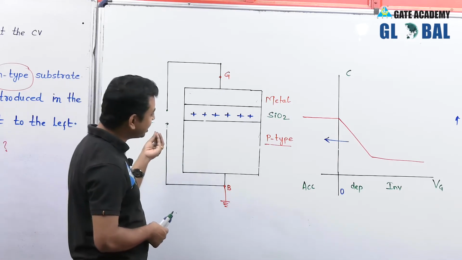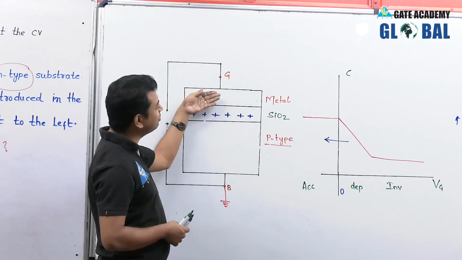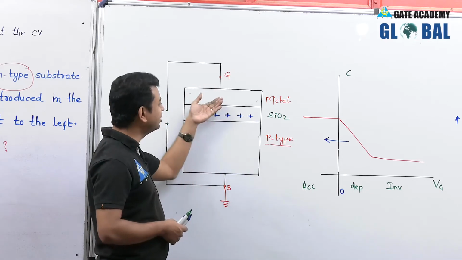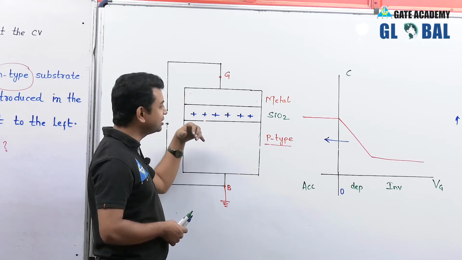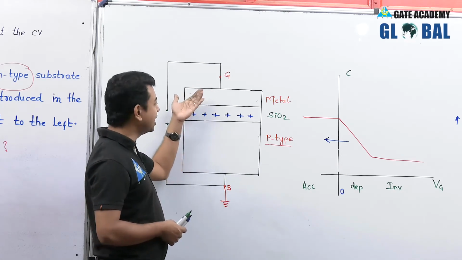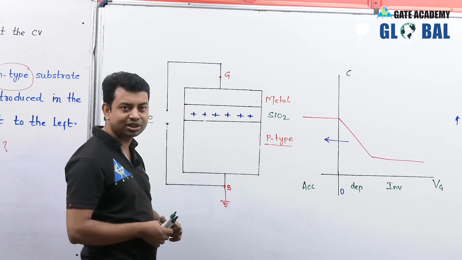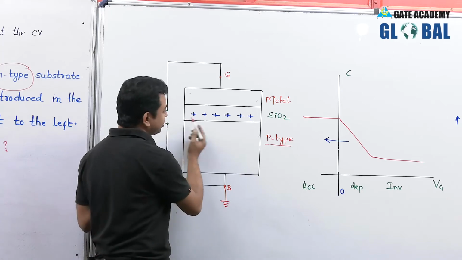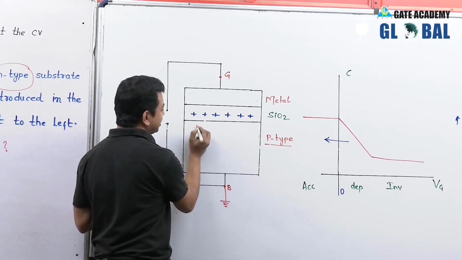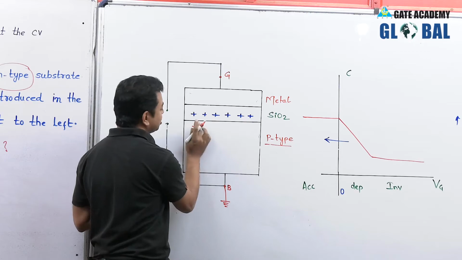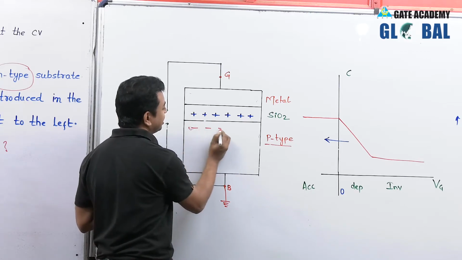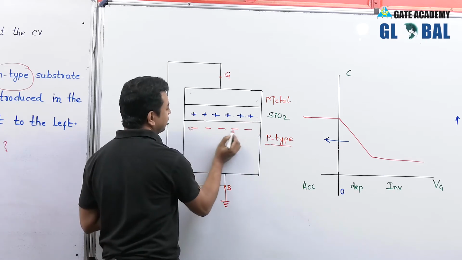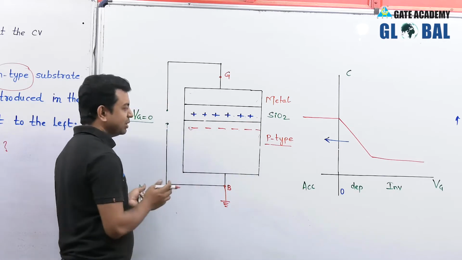The negative charges can be either on the metal side or on the semiconductor side, it does not matter where. Suppose I am assuming these positive charges are compensated by negative charges on the semiconductor side. Suppose this will be 1, 2, 3, 4, 5, 6, and 1, 2, 3, 4, 5, 6. This has been compensated.